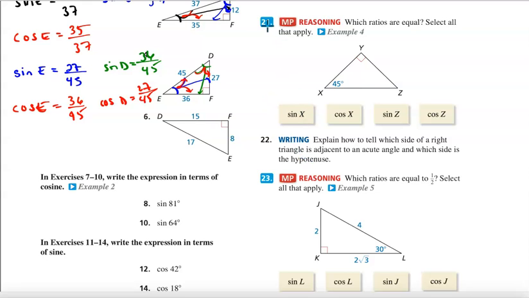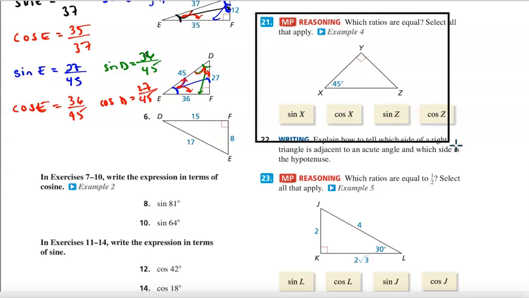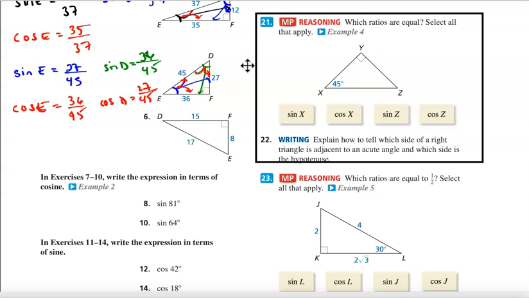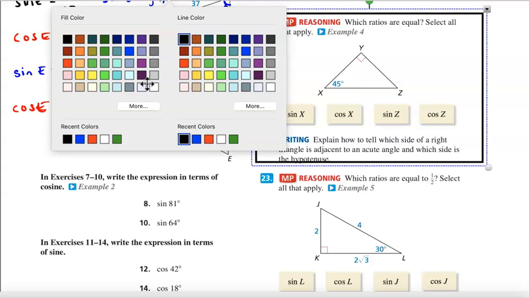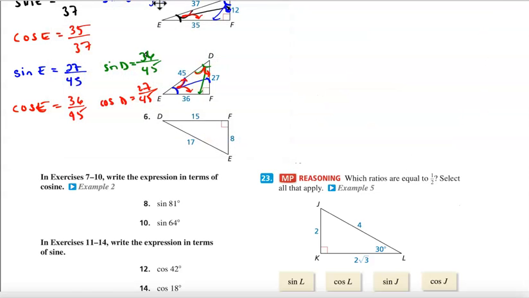All right, for number 6, I'll put my number 6 here. Give me a little more room. So sine of E, opposite over hypotenuse.